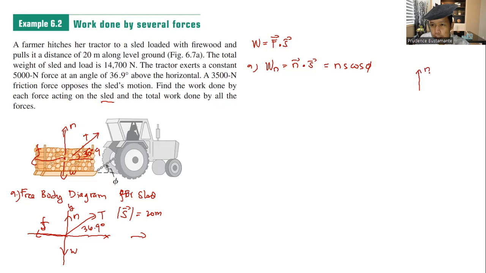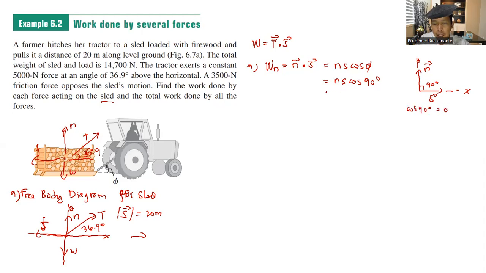This is our normal force along the y direction, and the displacement vector is along the x-axis. So the angle between them is 90 degrees, and so this is N s cosine of 90 degrees. We know that the cosine of 90 degrees is equal to 0.